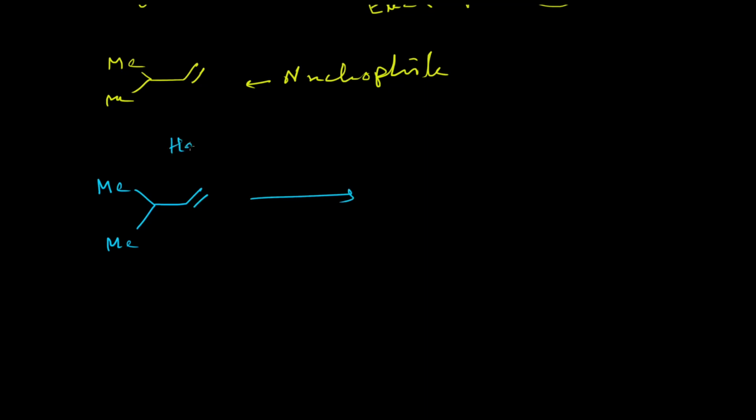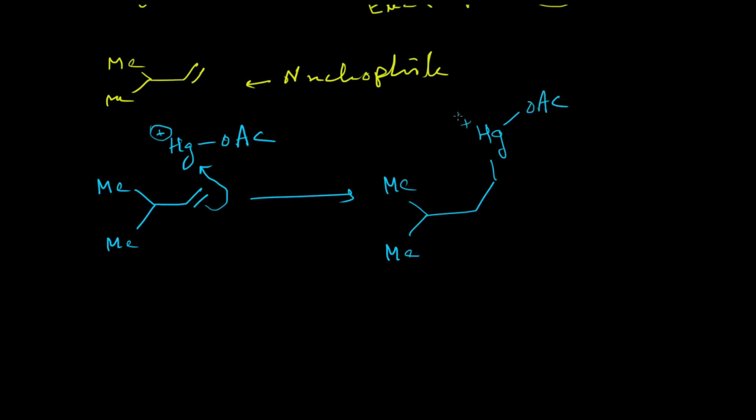The first step will be attack by the pi electron cloud of the alkene on this electrophilic species, thereby forming this intermediate, which will eventually form a bridged metallic intermediate like this one.